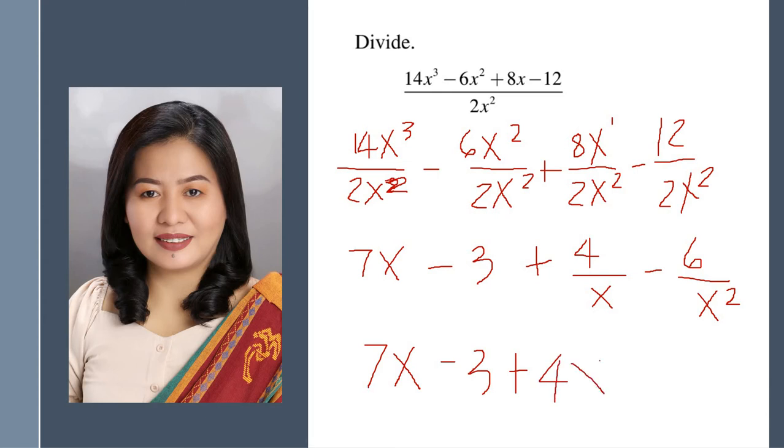This time we use a negative exponent, negative 1. There is an invisible 1 there. Minus 6x raised to the power of negative 2. So you have to read carefully how it would be answered, or look at the choices as to which one is really correct. This item did not give choices.